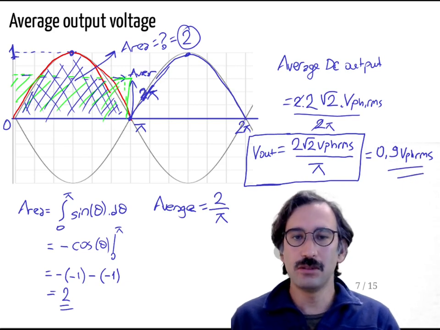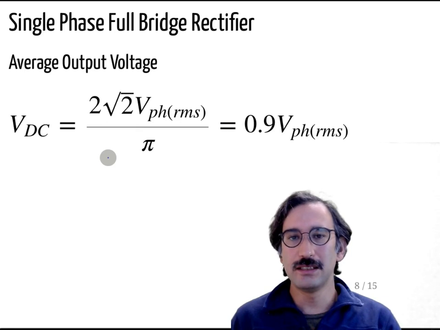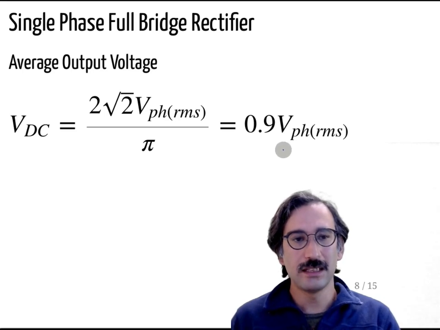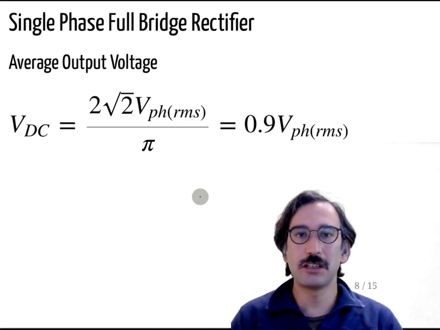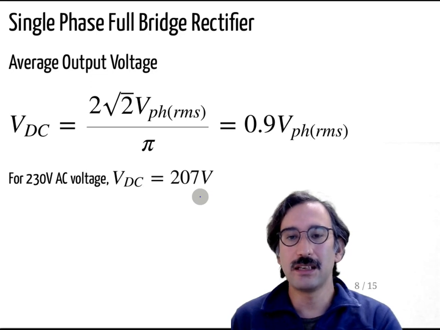That is the average voltage of a single phase full bridge rectifier depending on your AC. So you get slightly less value than your RMS voltage. Those rectifiers are used for grid connected applications and that kind of thing.